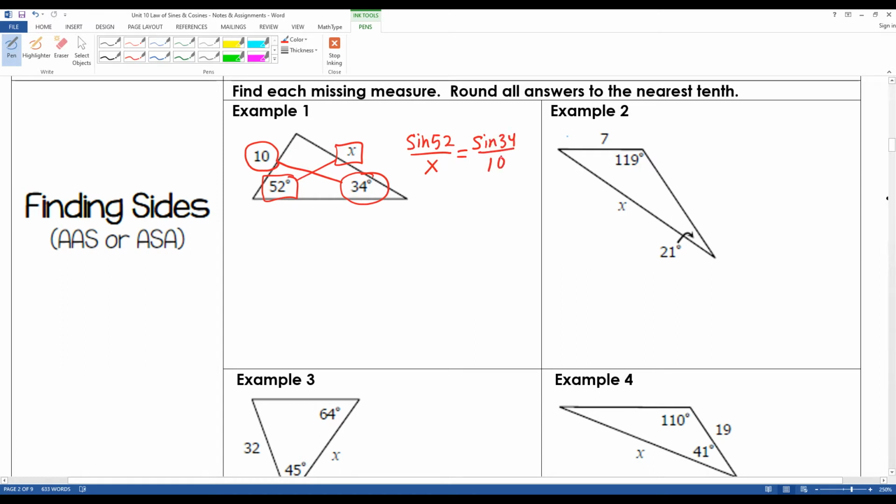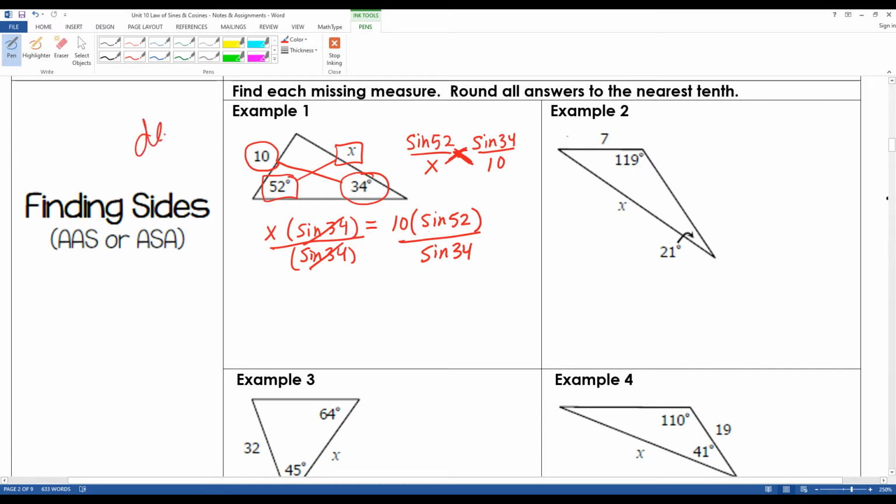And then to solve, we just cross multiply. x times the sine of 34 is going to equal 10 times the sine of 52. Then I just divide by the sine of 34, because that's just a number. Those will cancel. On your calculator, make sure you're in degree mode, because these angles are in degrees.